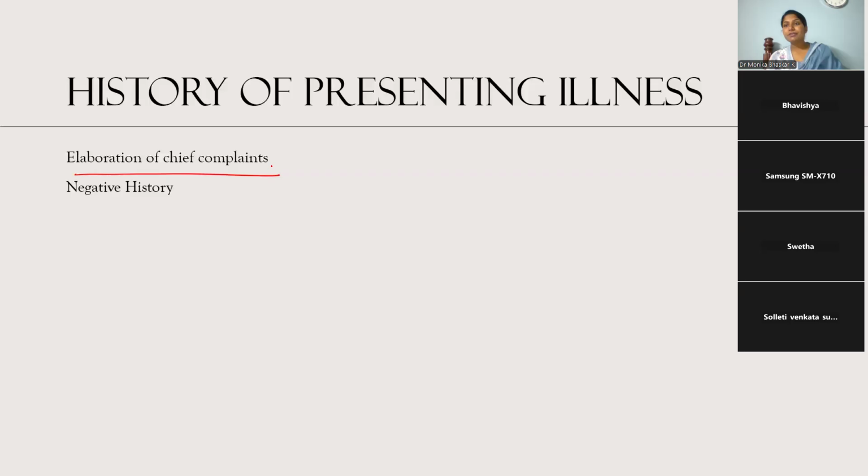If it is associated with leaking PV or bleeding PV, all this has to be elaborated in detail. I want to give you a small example. She has come at around 9 months of amenorrhea, she's perceiving fetal movements, and you have asked her what her chief complaints are. She will tell you, I have pain abdomen. What is the next important thing you will ask?